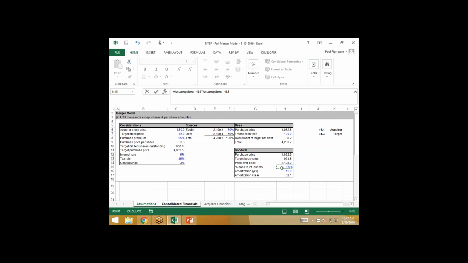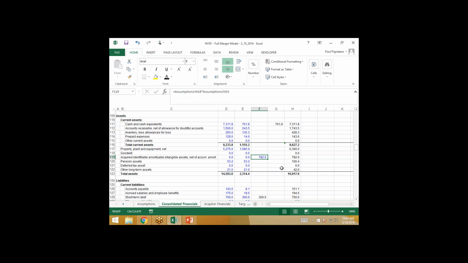Okay? 25% of the purchase price over book value will increase our new intangible asset account. Got it? Make sense?